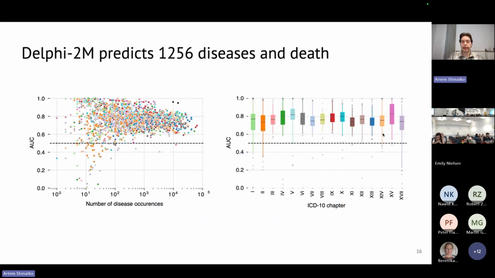When we look closely at all the diseases we work with, and again, it's more than 1,000 different diseases defined in the ICD-10, the International Classification of Diseases, 10th edition, we can see in the chart on the left, which shows AUC for individual diseases versus the number of occurrences of such disease in the data set, that Delphi works really well for almost all diseases that have more than 200 occurrences in the data set.